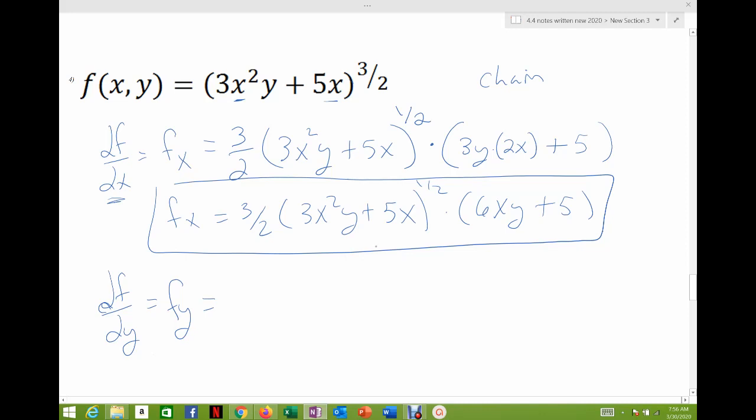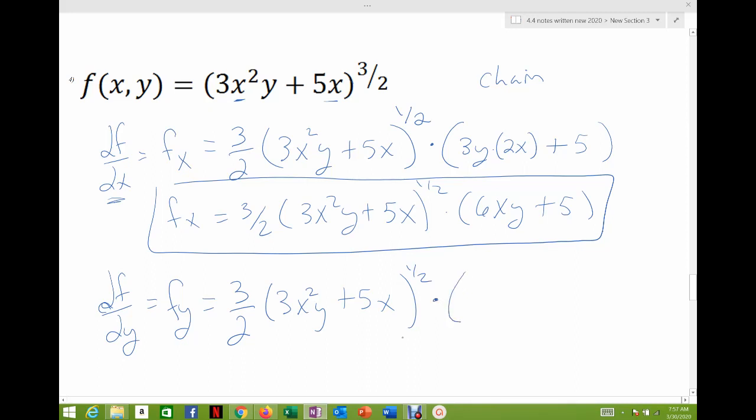And so the very first part of this is exactly the same as the x variable. Right? The very first part is I do my power rule. 3 halves, leave the stuff inside the same. Raised to the subtract 1, raised to the positive 1/2, alright, which is exactly the same as our previous derivative.